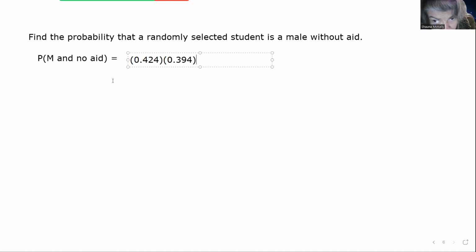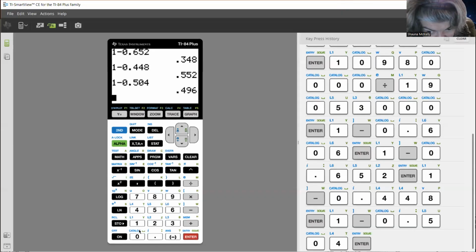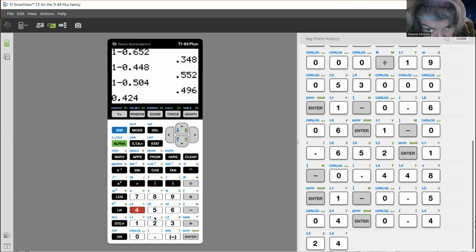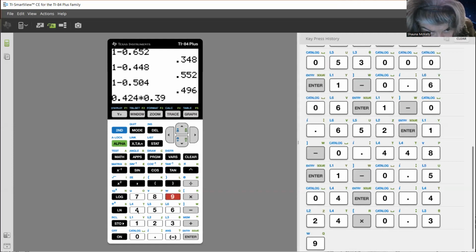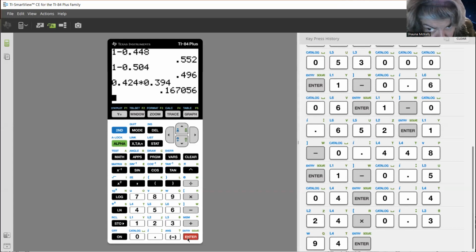If we multiply those two together, we're going to go to the calculator. Your calculator is your friend. So here you have 0.424 times 0.394, and that becomes 0.167 if I round it to 3 places.